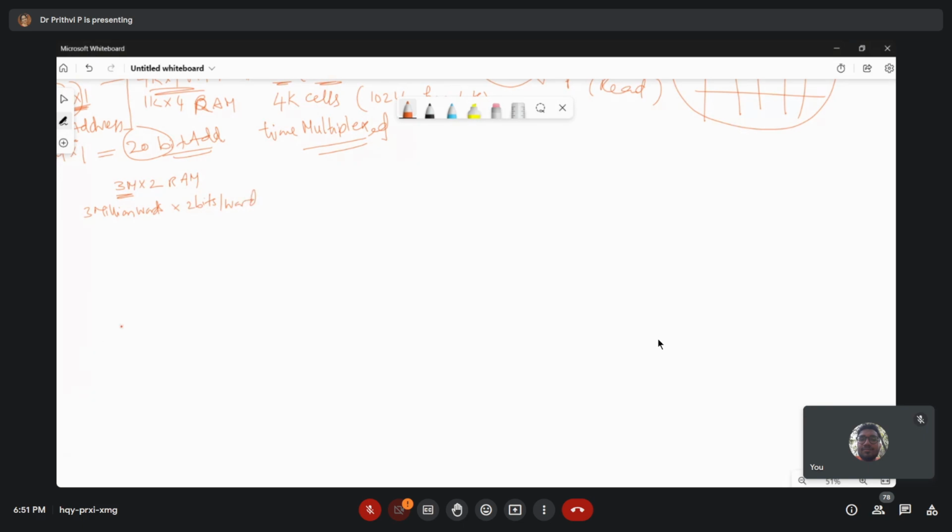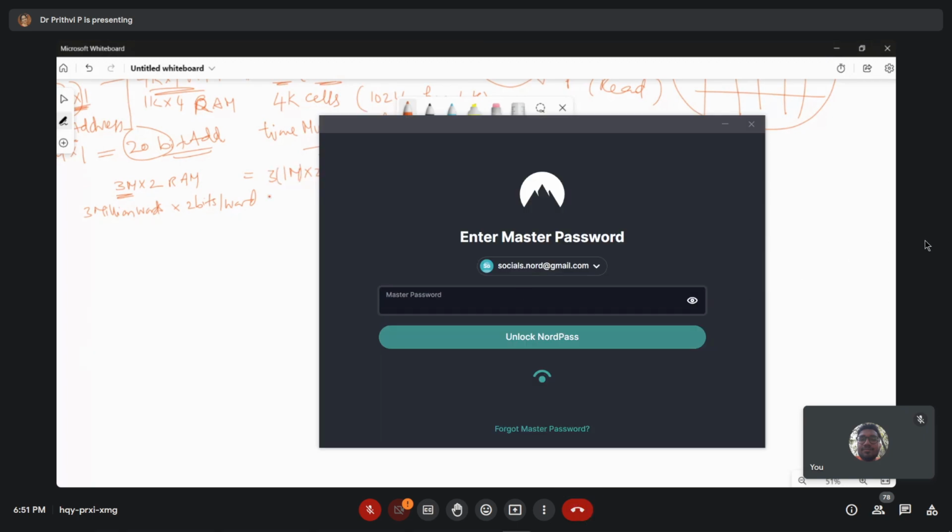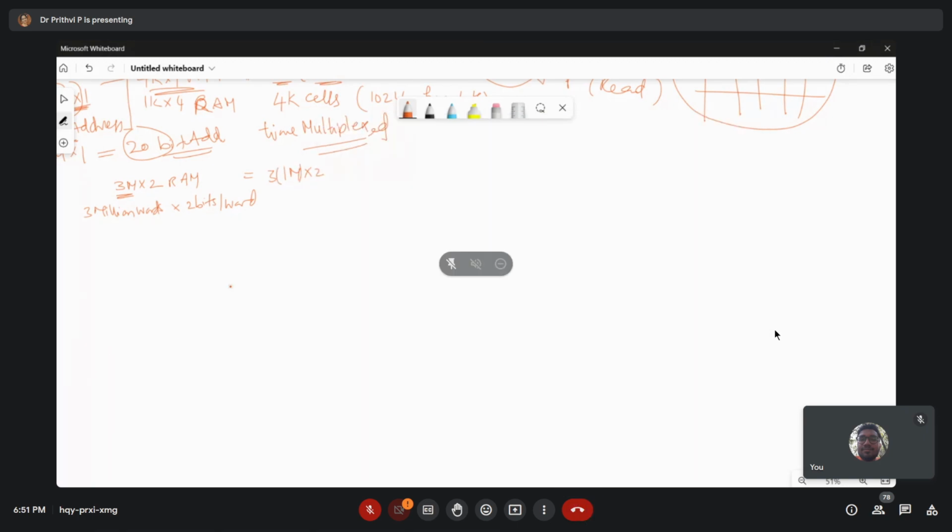Okay. Now, how can I take this is, I can put this as 3 1M into 2. I can reorganize this as something like, see here, 3 1M into 1 if I take, and I try to put this into 2 rows.